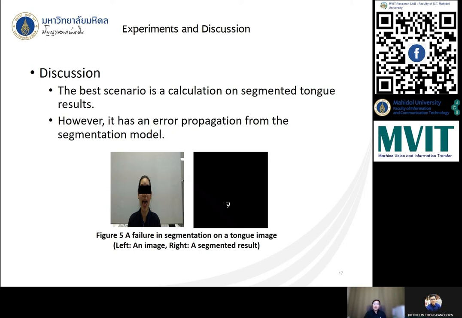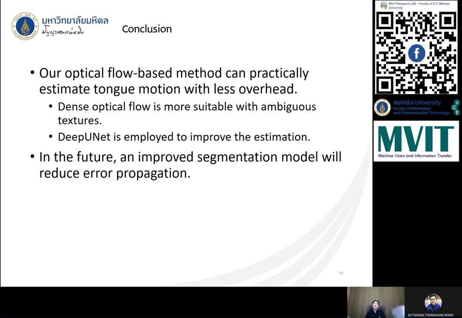So in our continuing work, we try to improve our performance by improving the techniques for tongue segmentation. After we get the segmented area, in many cases we still have errors, such as holes or an incomplete segmented tongue.